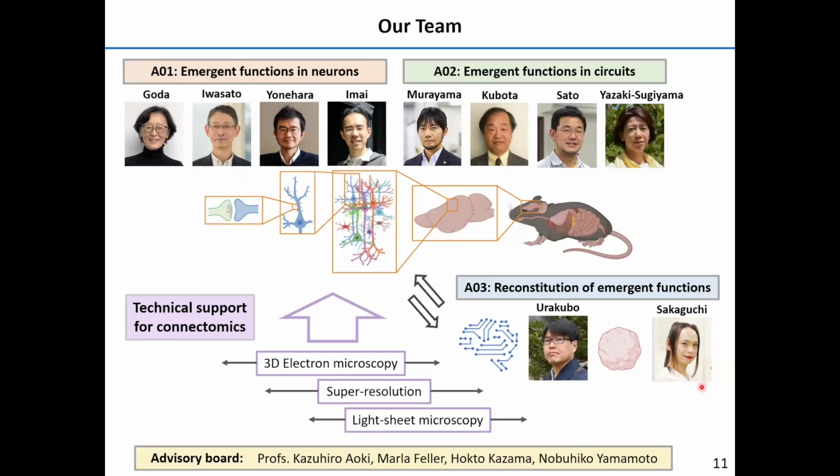And lastly, the 2 PIs work on the reconstitution or the computer simulation of this kind of behavior. Also, we support technology parts. And also, lastly, importantly, there are 4 advisory members, including Mara and Yamamoto Sensei. And we really appreciate your feedback.